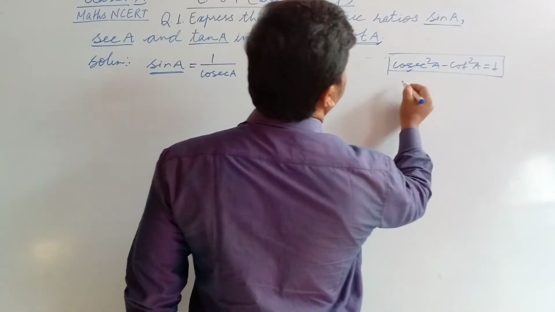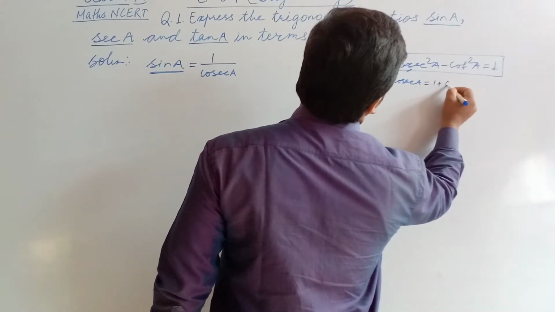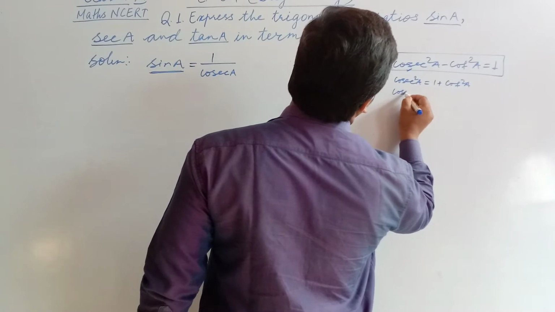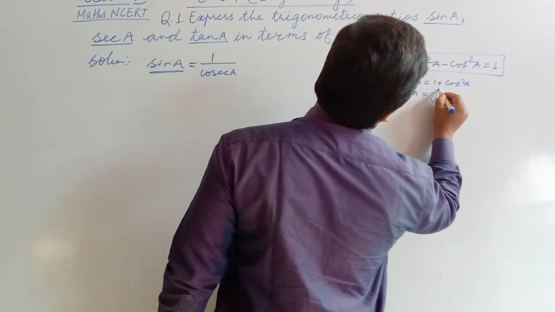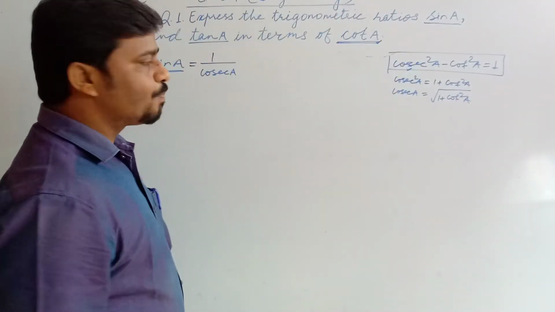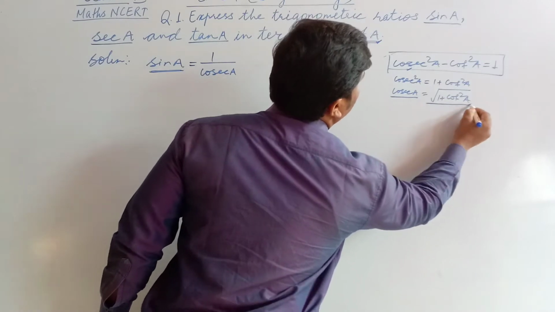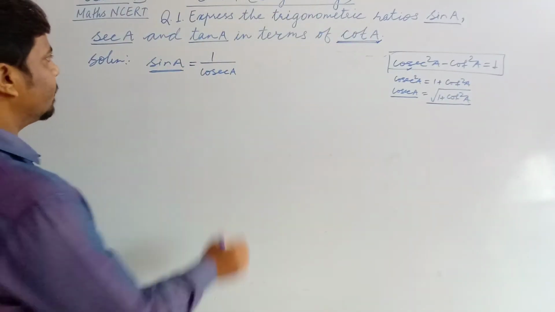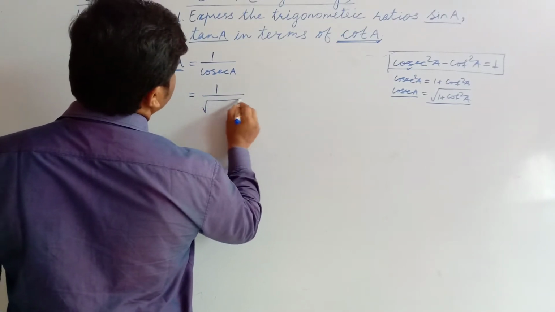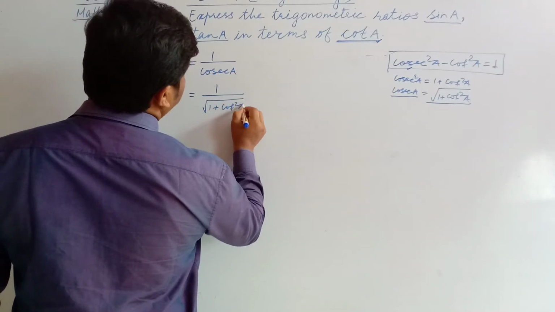So cosec square A equal to 1 plus cot square A, and cosec A equal to under root 1 plus cot square A. So we will replace this cosec A by under root 1 plus cot square A. So what will be? 1 upon under root 1 plus cot square A.